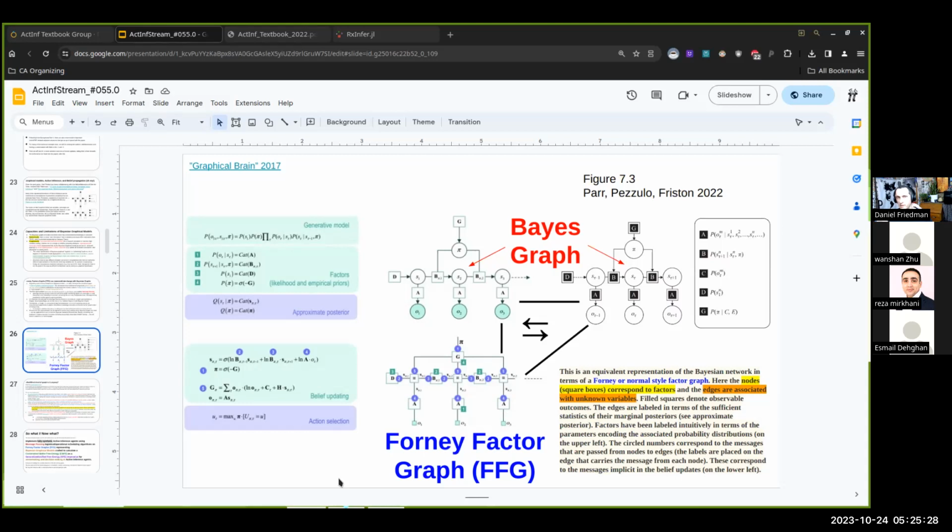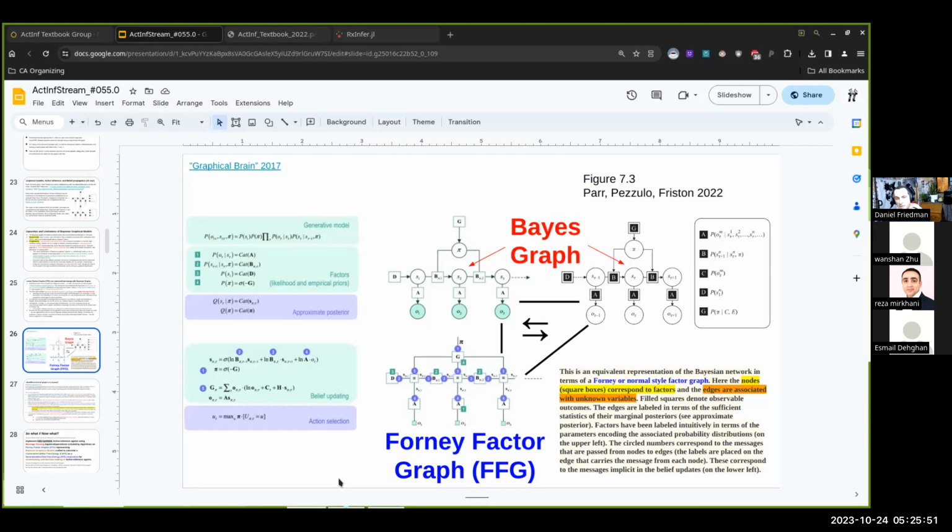So under the hood, which I think is something to investigate in SPM and in Python and Julia, when we specify our generative model as a Bayes graph, and then we use standardized routines for message passing, it's very interesting to ask, what's happening under the hood that converts that Bayes graph into a factor graph?